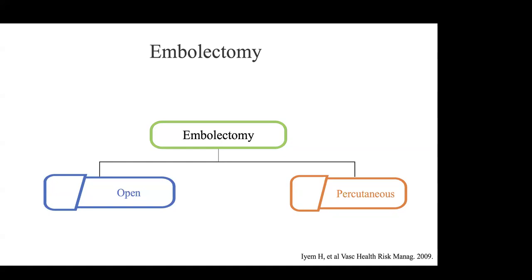From that arteriotomy, you pass a Fogarty's catheter proximally into the iliac artery and distally into the superficial and deep femoral and then down the popliteal artery. Usually a number 5 or number 4 Fogarty's catheter is sufficient for this.